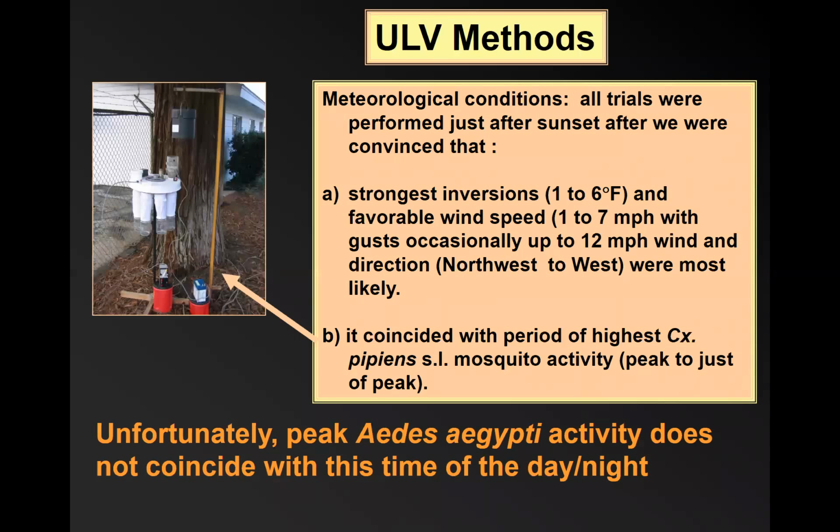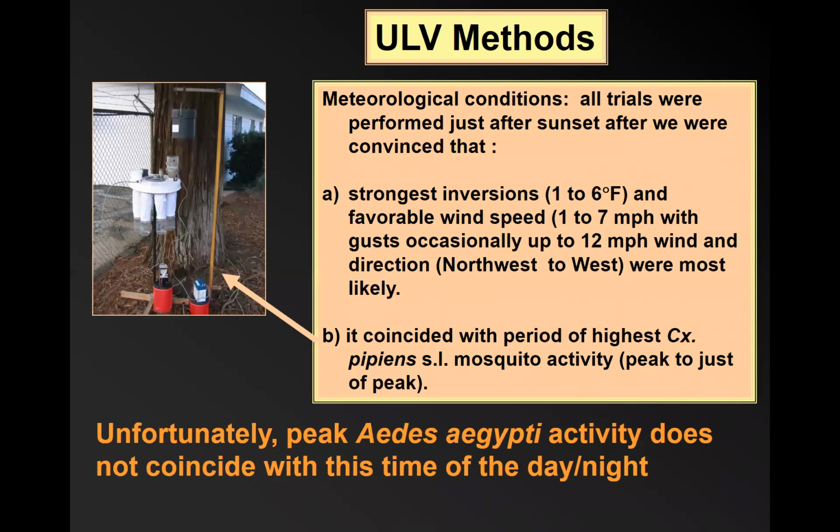And it also has to coincide with periods when we have least wind, because you don't want the spray to go too fast, and you don't want it to have no wind where it just doesn't spray at all. So once again, it's a balancing act between the wind direction and the amount of wind and the temperature. So that appears to be coincident with the Culex pipiens activity.